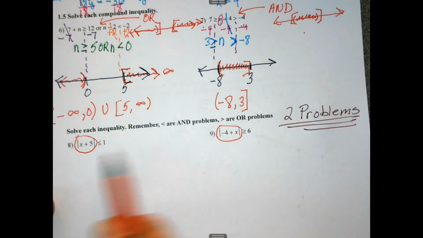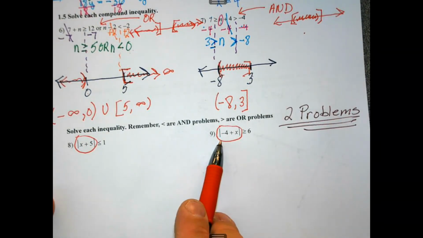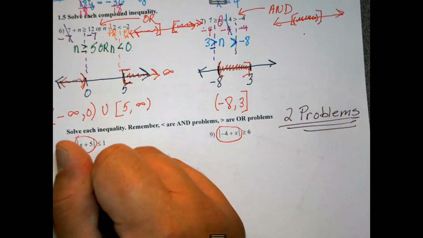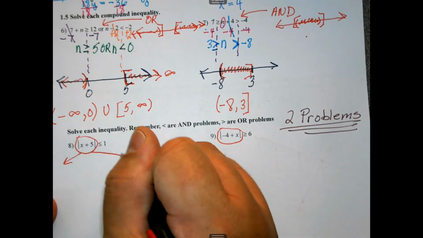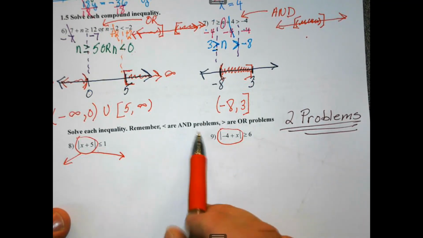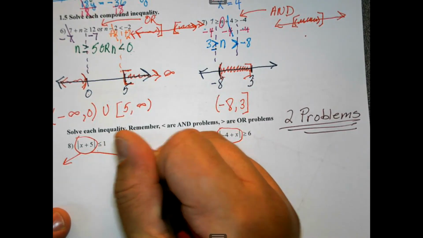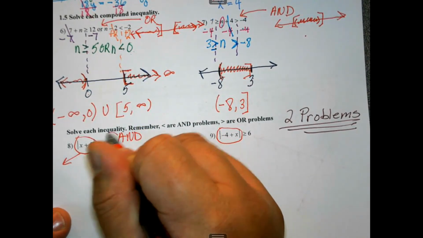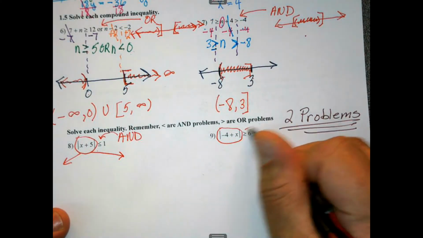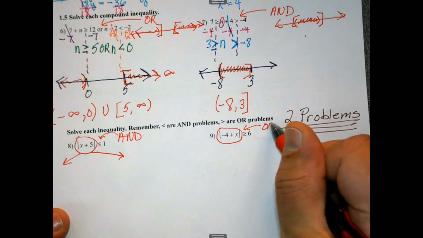And both of these problems, they're isolated. So you're going to split them up, make 2 problems. Now, once they're isolated, look at those inequality signs. Less than or equal to are and problems. Greater than or greater than or equal to are or problems.